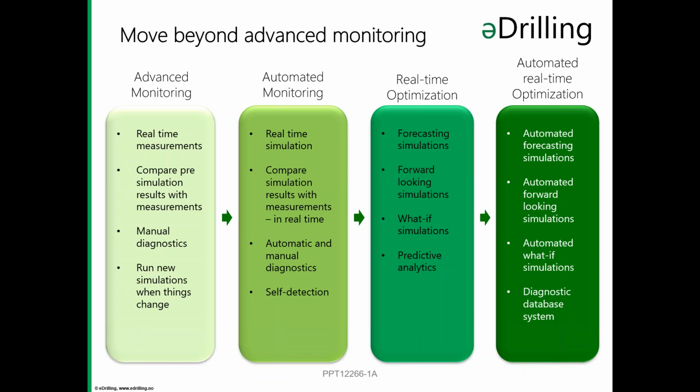What we mean by that is that it will take an automatic trigger of what-if simulation to find the best solution to a problem, also taking into account the company's procedure to solve the problems you're getting. We are also working on the diagnostics database system, which is very handy when it comes to offset wells and so on.